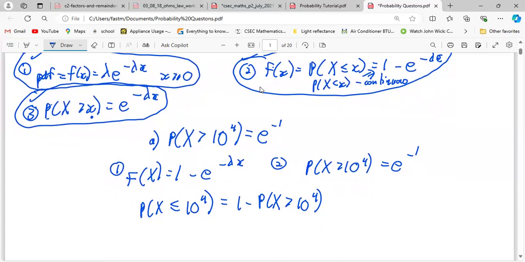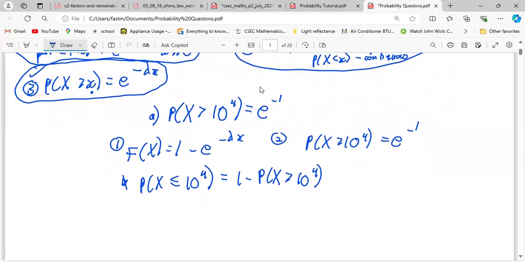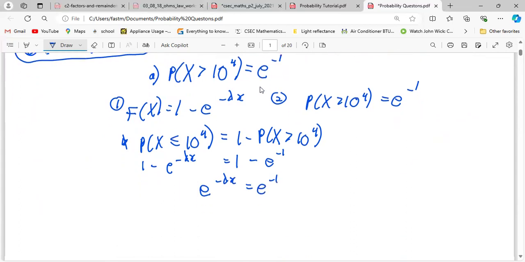That's where we get this equation from. Now we could plug and play. We know the value for this: 1 minus e to the minus lambda x equals 1 minus e to the minus 1. So we could cancel the ones and the minus signs, and we get e to the minus lambda x is equal to e to the minus 1.